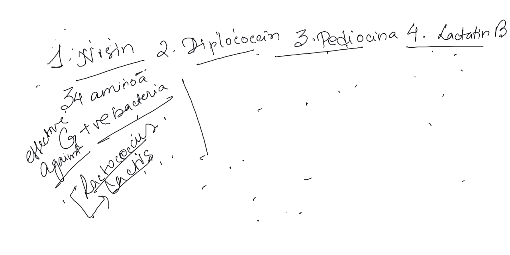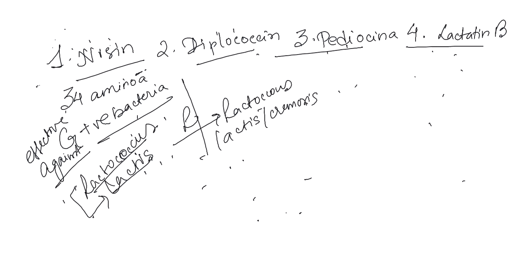Okay. Next we will be talking about diplococcin. Diplococcin we can get through Lactococcus lactis subsp. cremoris. Its antimicrobial spectrum is Lactococcus lactis and cremoris only.